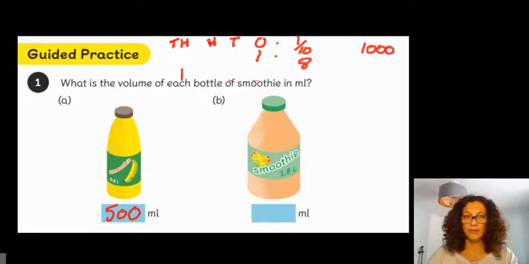Here's our 1, it goes in the thousands column. Our 8, we move it 3 spaces. 1, 2, 3. And again, what do we need in our tens and our ones? We do need zeros for our place value holders. So 1.8 litres is the same as 1,800 millilitres.